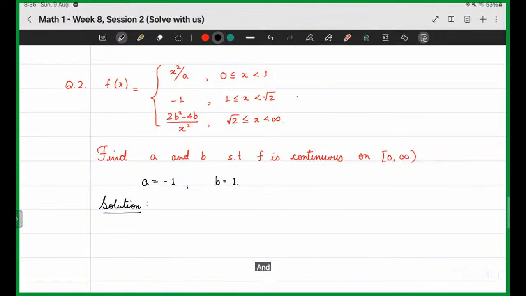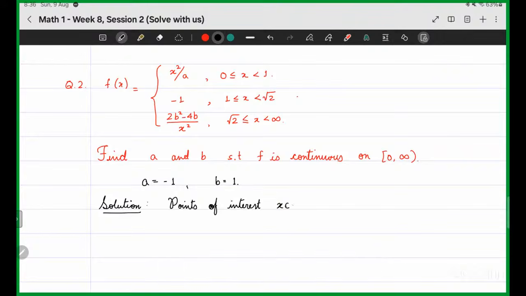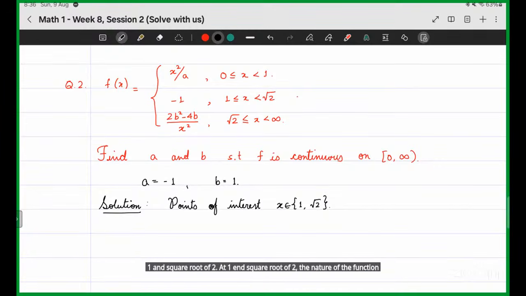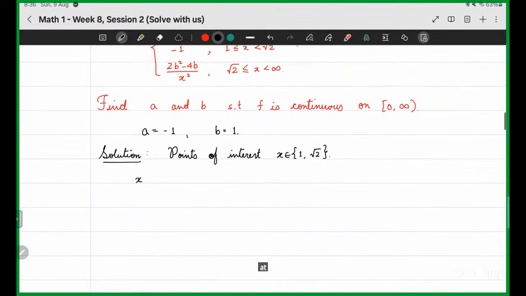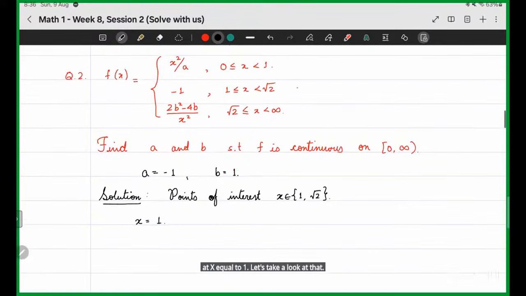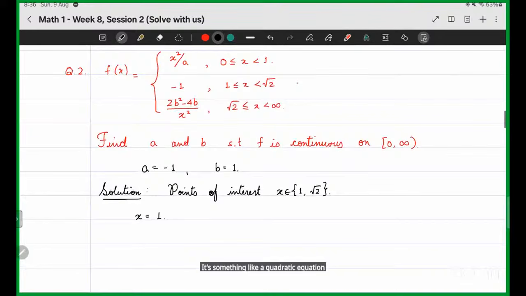And what about the 2 points that we have not checked? So the points of interest are x equal to 1 and square root of 2. At 1 and square root of 2, the nature of the function changes. So what happens at x equal to 1? Let's take a look at that. It's something like a quadratic equation.